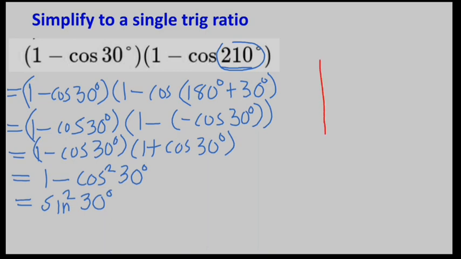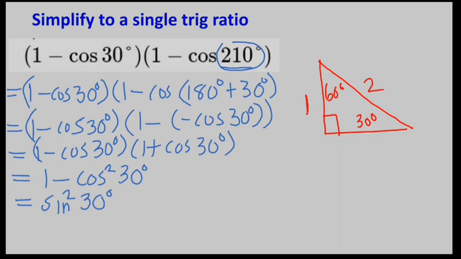Well, I always say a right angle triangle. There's my 30 degrees. There's my 60 degrees. Sine of 30 is going to be 1 over 2, a half. I always remember that sine of 30 is a half.